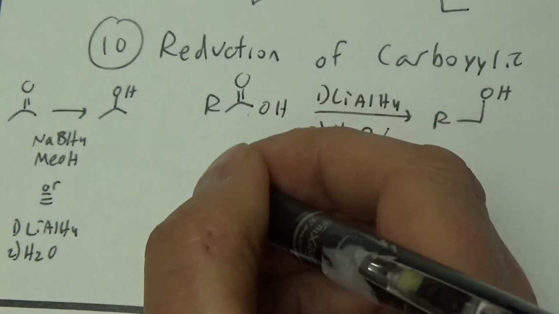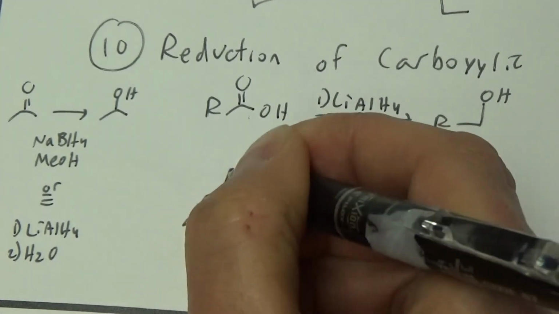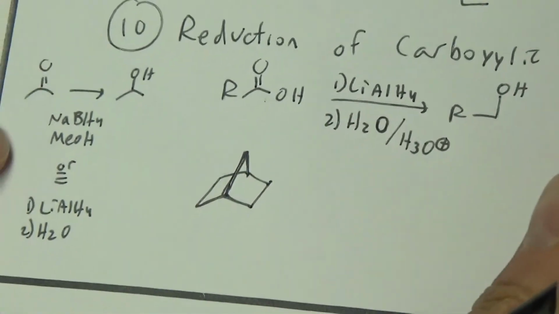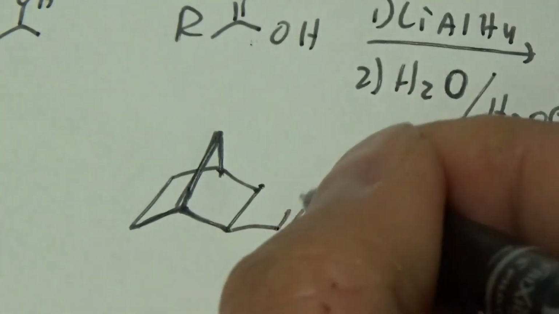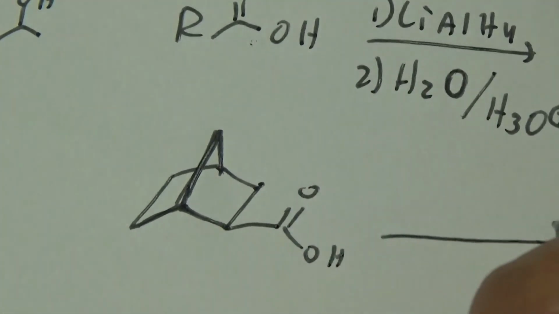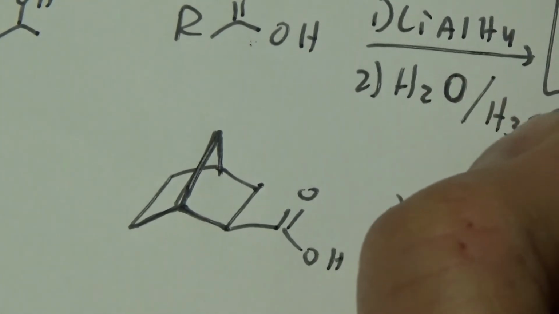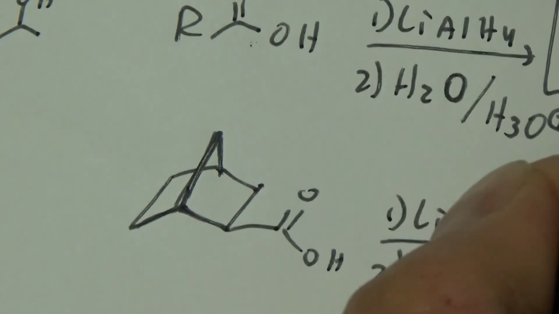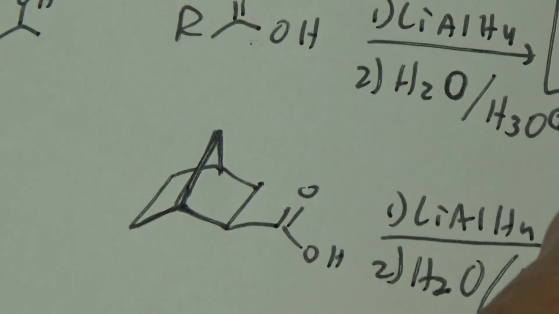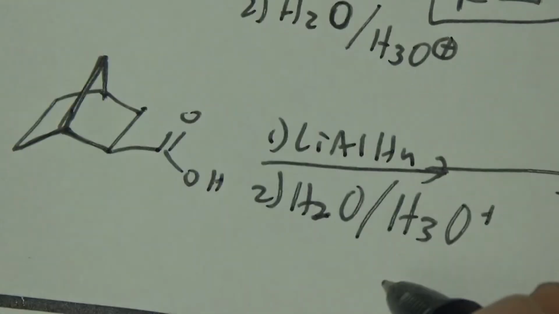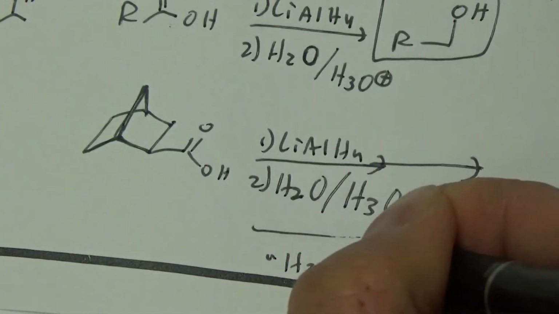Let's show an example. If I have this kind of complicated carboxylic acid with a bridge, just to make it fun. Carboxylic acid, lithium aluminum hydride, H2O, H3O, and we could also just abbreviate this whole thing as H3O plus, because it means the same thing, right?